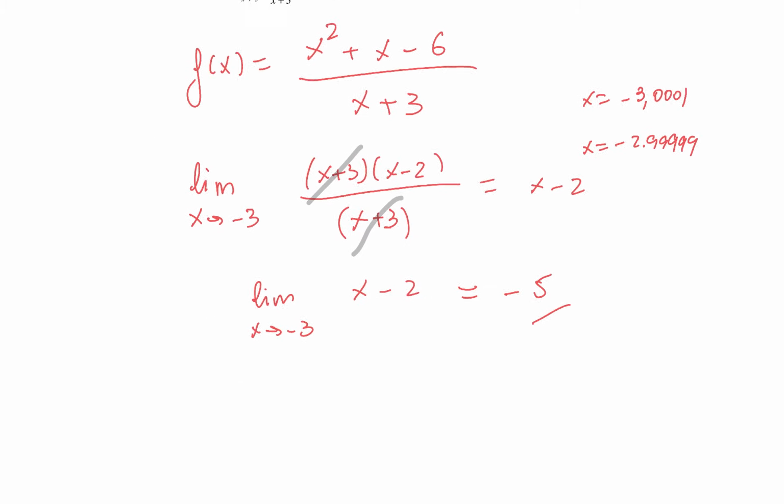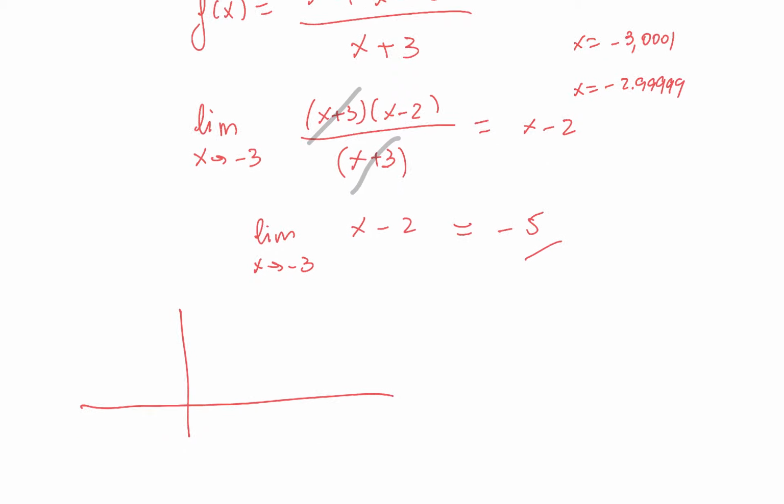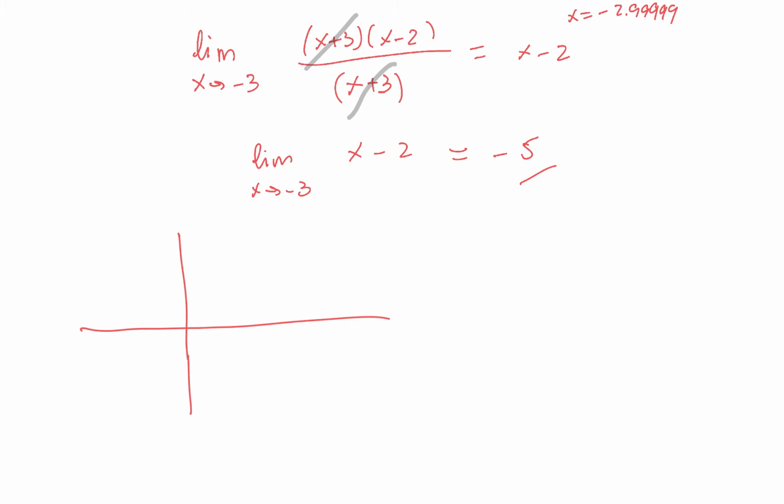What does this mean? It means that the function f of x and the function y equal x minus 2 is a rectilinear line, that when x equals 0 is minus 2, when y equals 0 is 2.